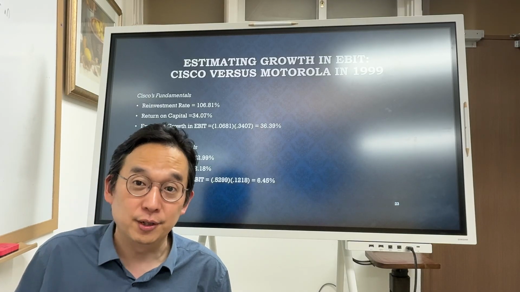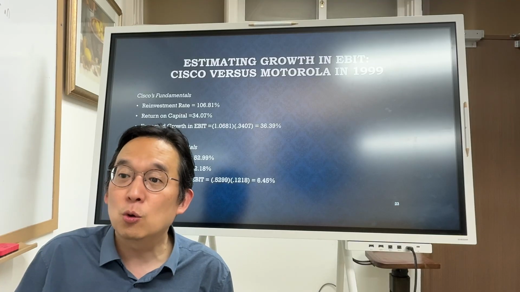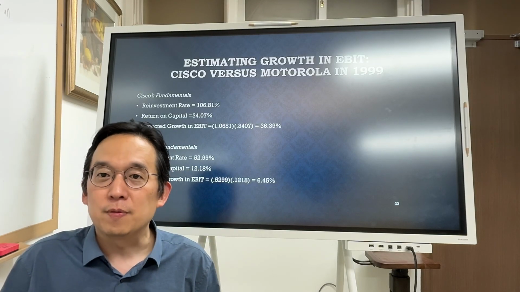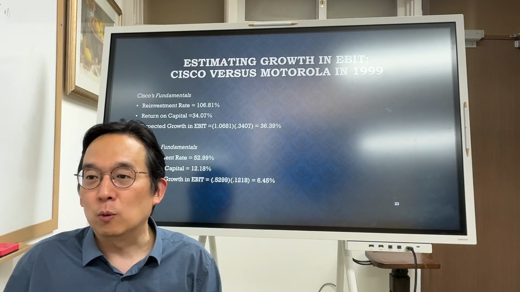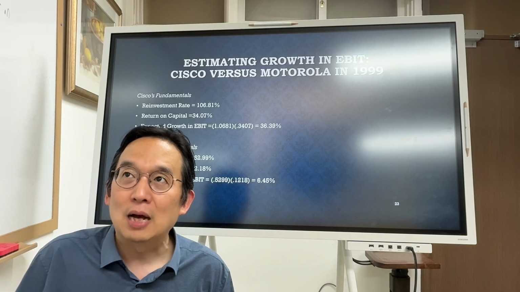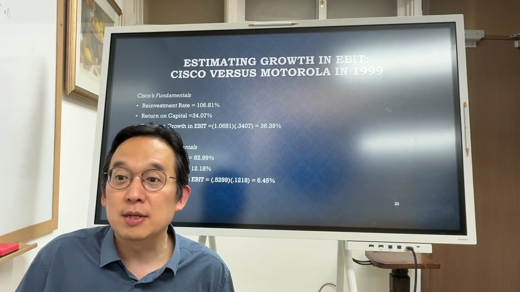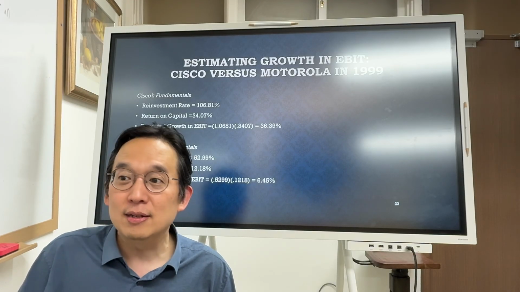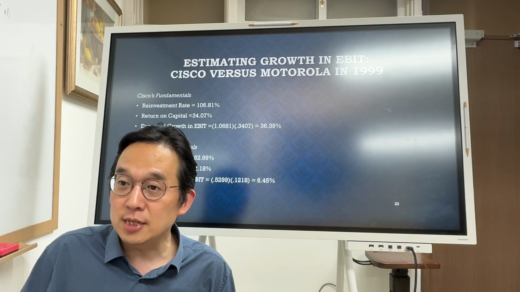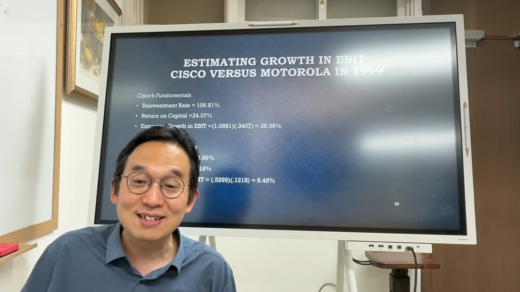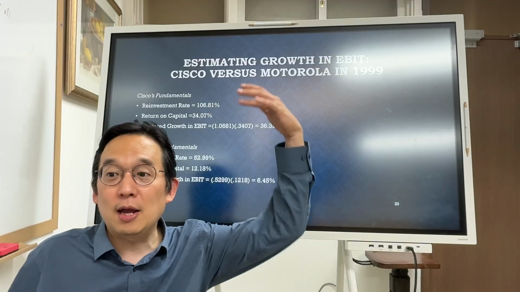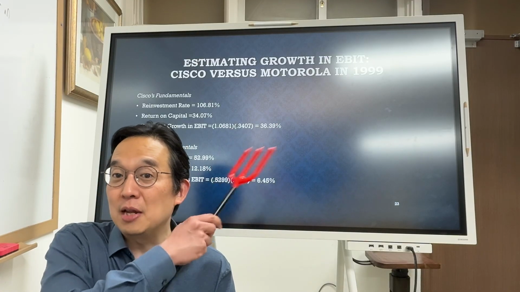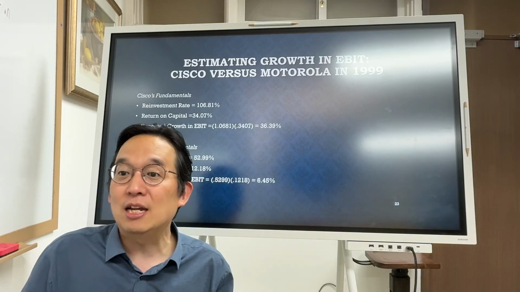Very high growth rate, right? The analysts had every reason to be more optimistic about Cisco, given their reinvestment rate and ROC being very, very high. And the valuation of Cisco in 1999 and 2000 was very, very high because the analysts were anticipating with these fundamental relations, and assuming a high growth rate.